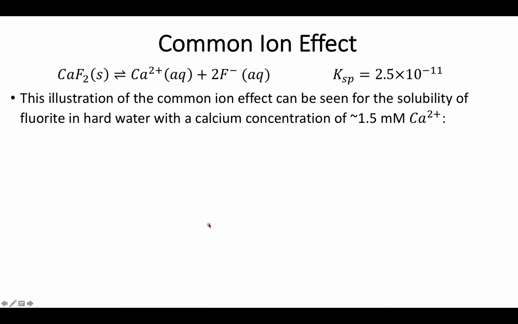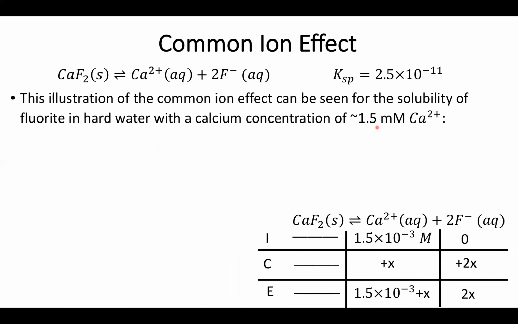Well, one of the things we can do is actually quantify this. We can generate an ICE table by assuming that the concentration of calcium is 1.5 millimolar. So by doing this, we can construct our typical ICE table. But the big difference here is that our initial concentration of calcium is going to be 1.5 millimolar, which, it is worth noting, is fairly above the level of calcium produced by the normal calcium fluoride dissolution.